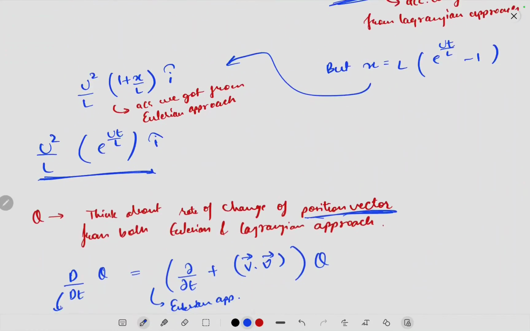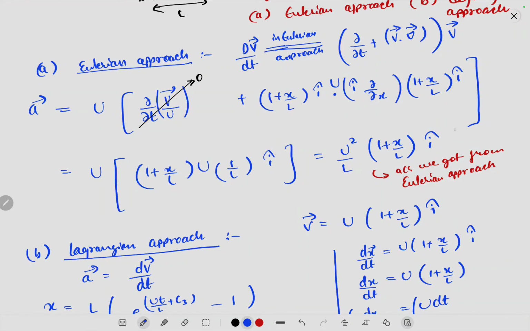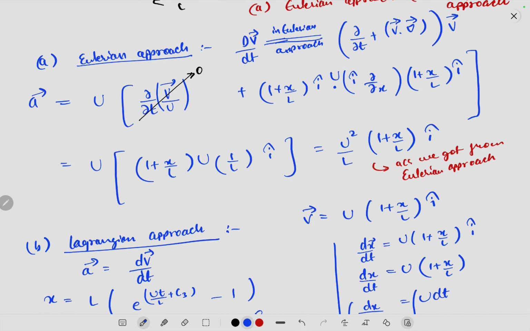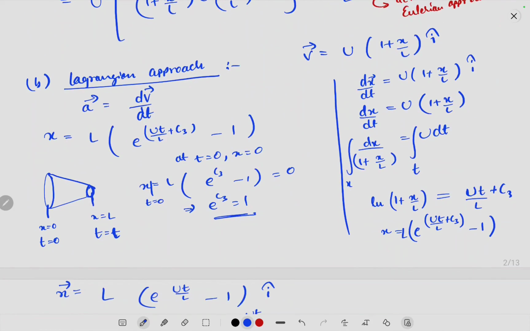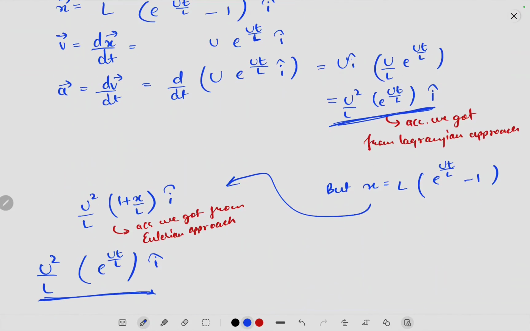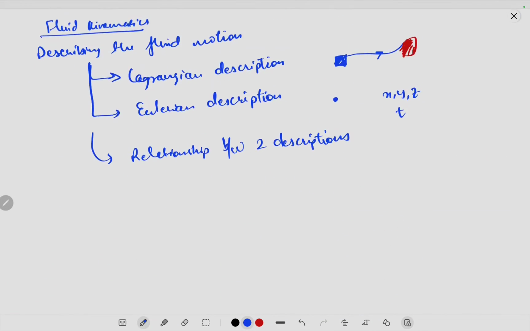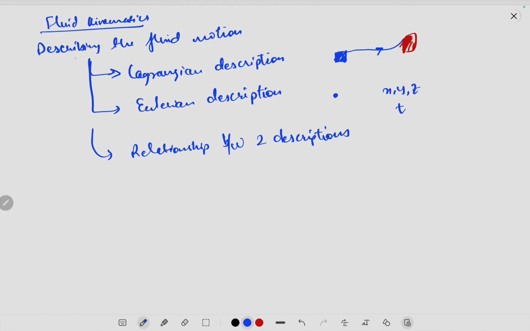So we saw that the Eulerian approach gives us the answer quickly and the Lagrangian approach took some time to reach that answer. All right, so this was the way of describing the fluid motion.